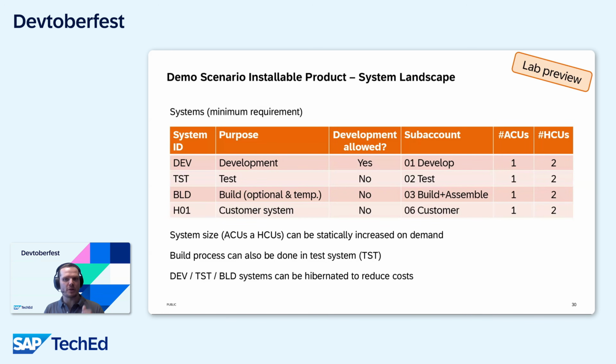And you take one product, and we recently deployed this as a SaaS solution, and now we want to deliver this as an installable product, which is not running on a provider system for a lot of customers in that case, but rather every customer installs this installable product in his own landscape.